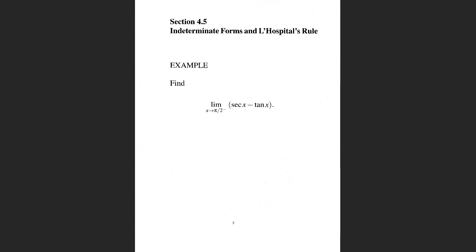Okay, so let's see here. The secant of x. What's the definition for the secant of x? That's right, Javier, 1 over the cosine of x.